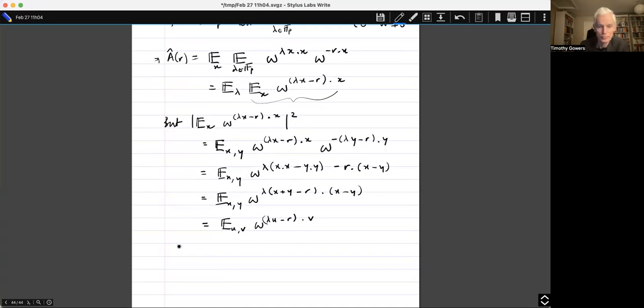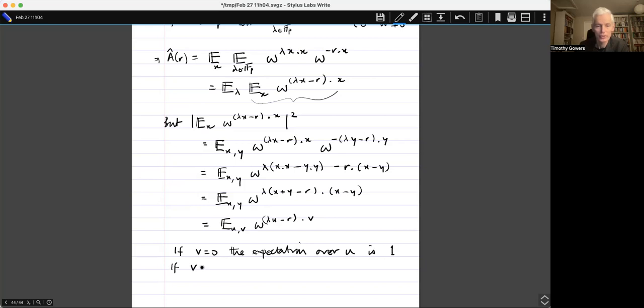And which way around should I do it? I'll say if v equals 0, the expectation over u is 1.